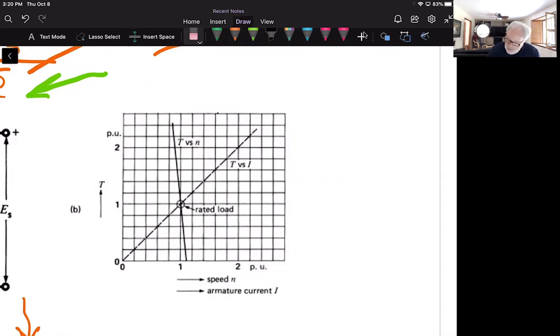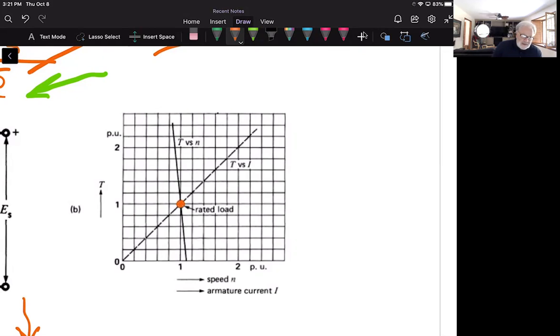We're going to start to see that incorporated into these characteristic curves. Usually 1 per unit of whatever you're measuring is rated conditions, and so those are important places for us.